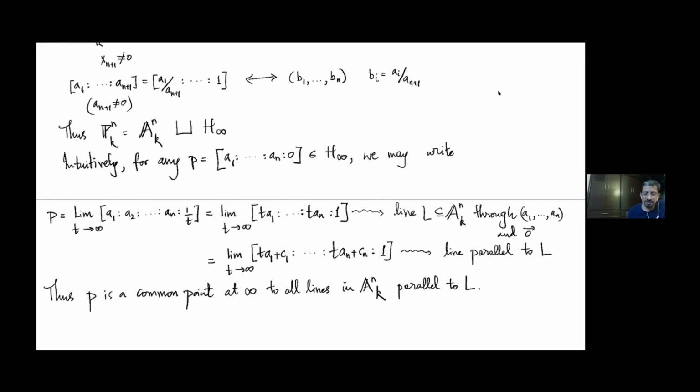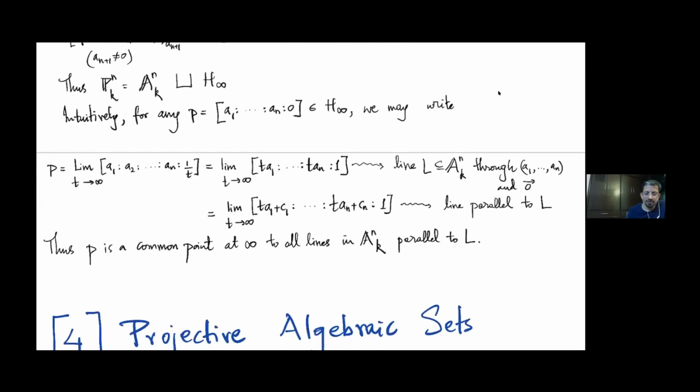In fact, you can also add a constant here, and it is still the same thing, because once you divide by t everywhere, the constant doesn't matter. So this gives you a parallel line to L. And what this tells you is that P is in some sense a limiting point of points on these parallel lines.